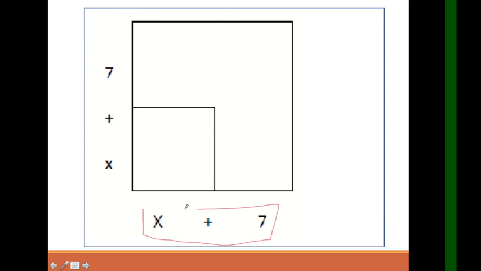Bakit? Dahil ang area ng square, 'di ba, ang kanyang formula is equal to s squared. So, let's say it is an s. So, s squared.